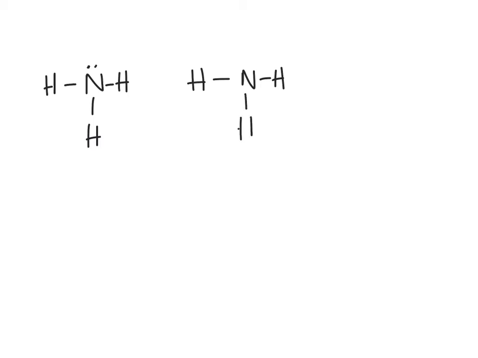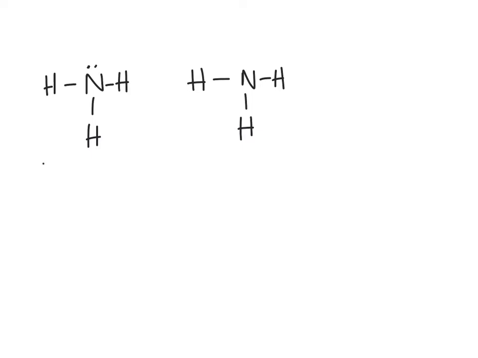So NH3, our Lewis structure will look like this. Our structural formula will look like this. Structural formula is Lewis structure without the lone pairs of electrons.